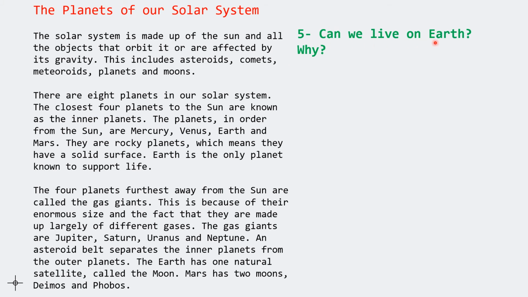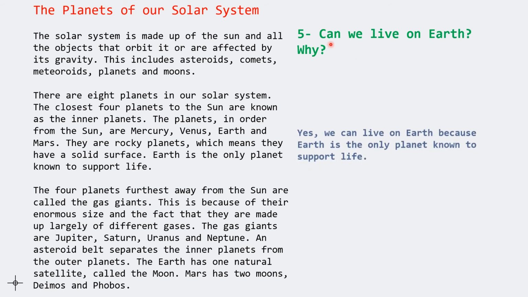Now, the first part of the question is, can we live on Earth? Of course, definitely, we can live on Earth. But why? Why is Earth the only planet that we can live on? Earth is the only planet known to support life. So we can live on Earth because it is the only planet known to support life.